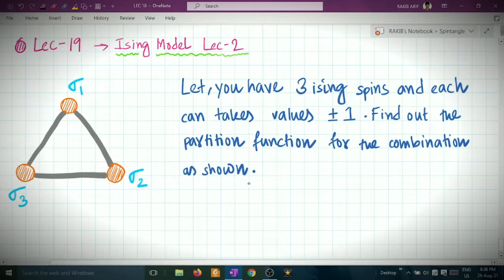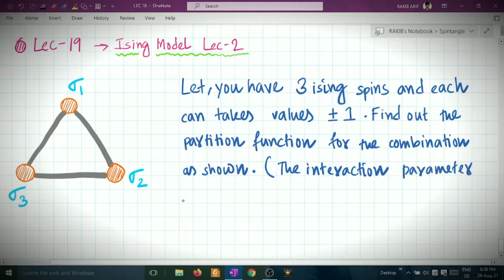An extra note is given, that the interaction parameter is the same for each pair. Okay, this is the question.